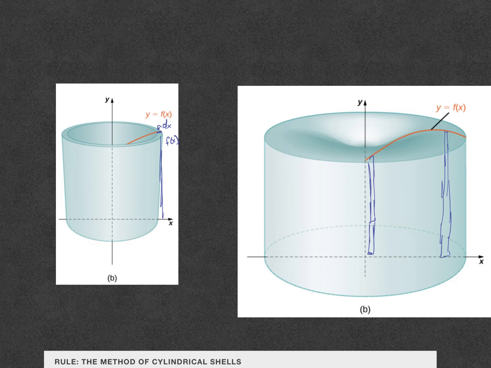That one on the right, that I've again drawn very poorly, would add much more to the volume than the one on the left, because not only is it taller, it's also further out. It's traveling a greater distance as I revolve around the y-axis. And that radius in our formula, that I'll show you in a second, is represented by x. It's the distance that rectangle is out from the y-axis.